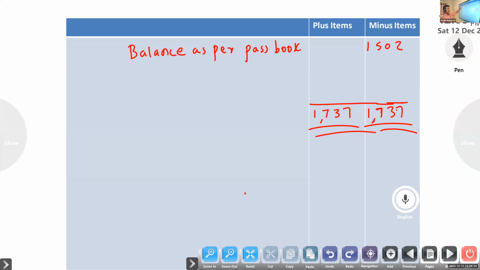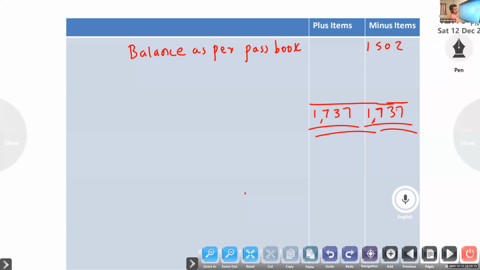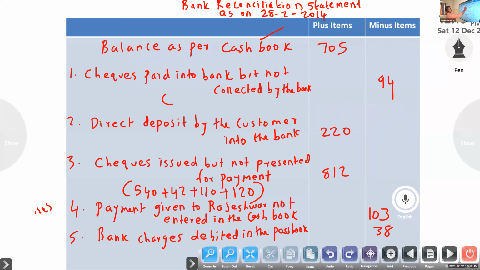Suppose same question, you can start with a passbook, you will get which one, that is 705, balance as per cash book. Suppose if you are starting with a passbook. So 1,502.